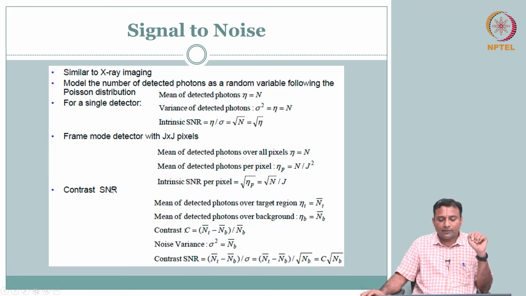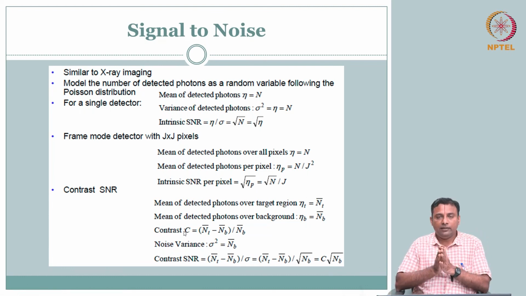Otherwise the rest of it is very similar. You can have a contrast signal to noise ratio. Remember we talked about this, and with pretty much the same derivation, you get C times square root of N P. So there is no big difference in this part. This kind of completes the scintigraphy that we wanted to cover. I know it was a quick coverage, but this is at the level of introduction to the subject.